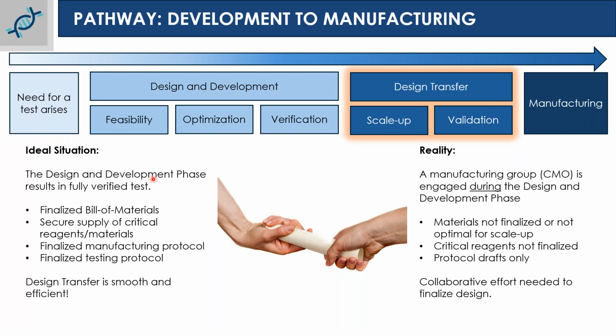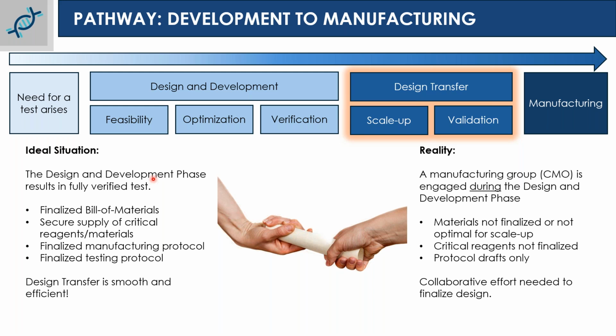And in this case, you think design transfer is smooth and efficient because you're just handing off documentation to your manufacturing partners. But in reality, and what we see a lot, for instance, at Ethos here, is that a manufacturing group is actually engaged during the design and development phase. They're engaged before the design is fully developed or toward the end of that development phase.